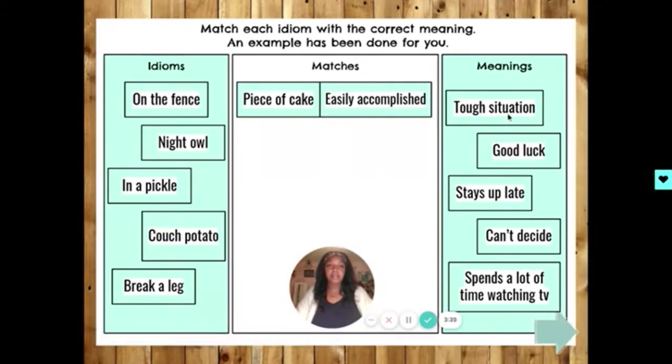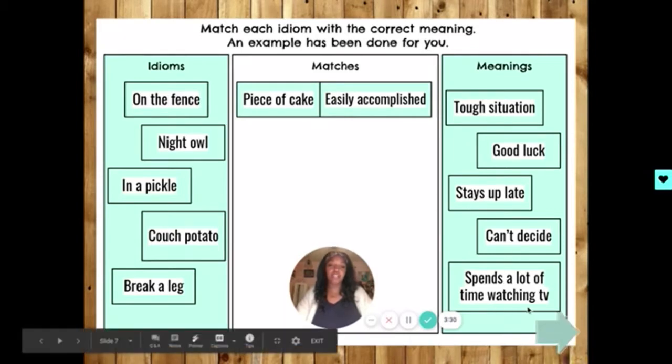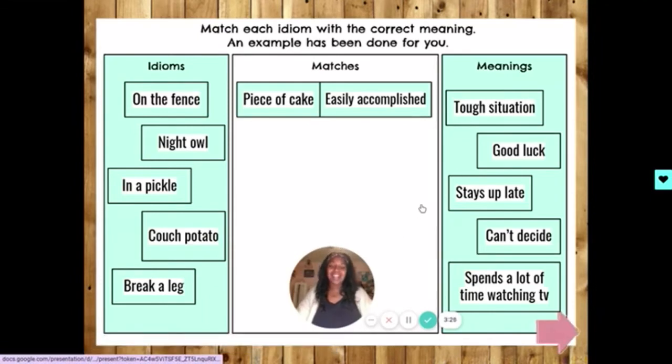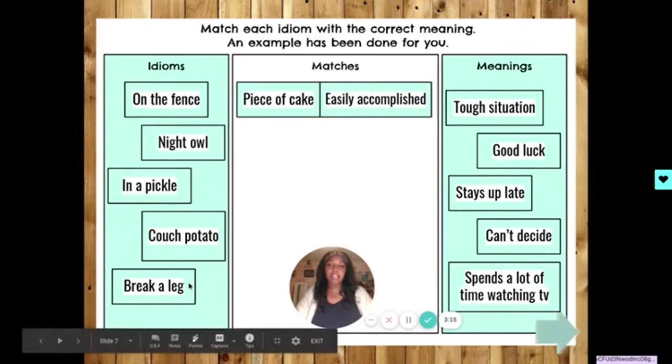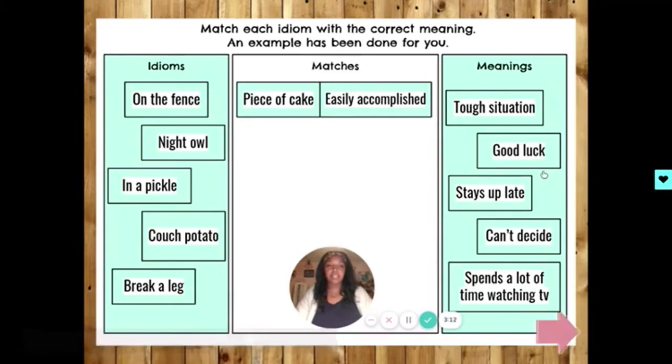Does it mean a tough situation, good luck, stays up late, you can't decide, or spends a lot of time watching TV? It's the last one. Awesome job, Gavin. Yep, a couch potato is a person that spends a lot of time watching TV. Since we already went over this one, break a leg, we already know that means good luck. We saw that example just now.